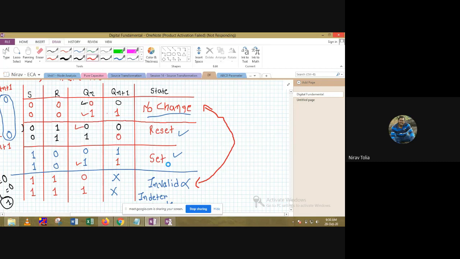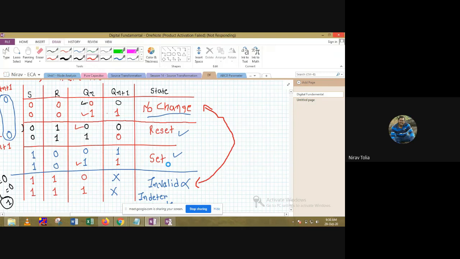But instead of that, if you are using the NAND gate instead of the NOR gate, then at the moment of S R 0 0, my state is invalid instead of no change.